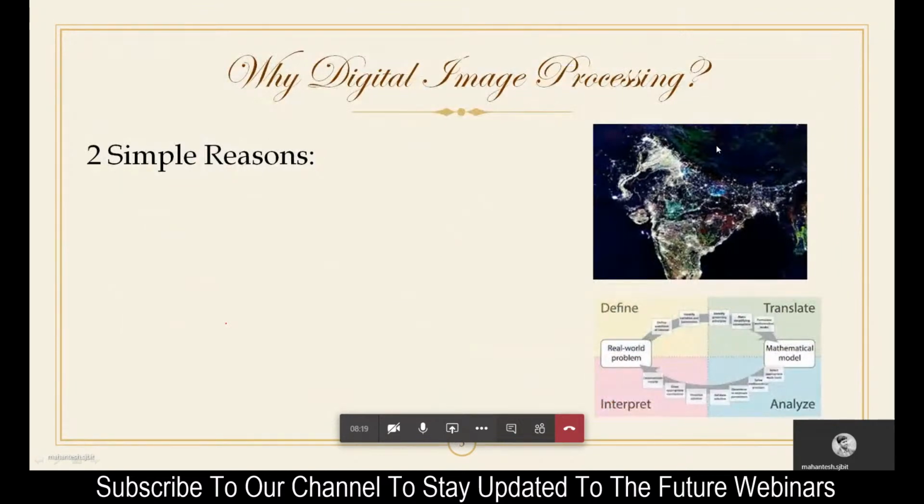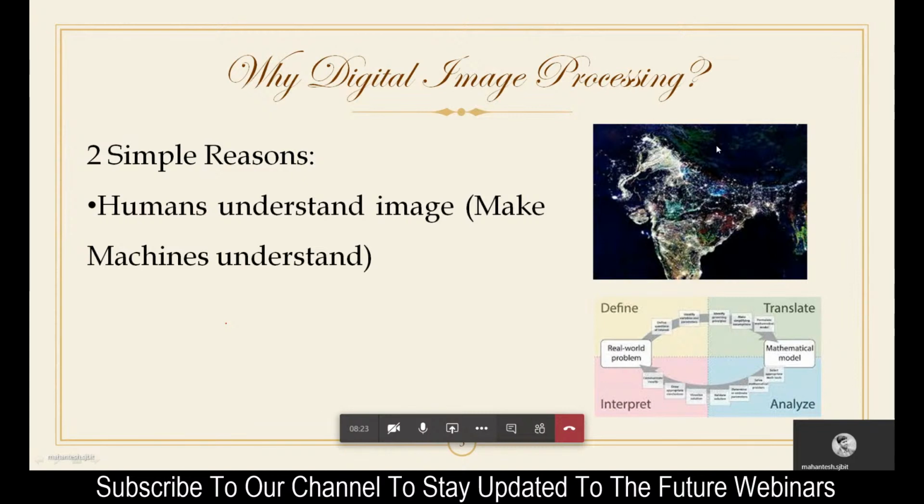So why digital image processing? There are two simple reasons. The first is humans understand image, and on the contrary, we are trying to make machines understand. Why? Because image is a major input to any automated computers or any automation industries. So image sensors are going to be very crucial. So I understand image.